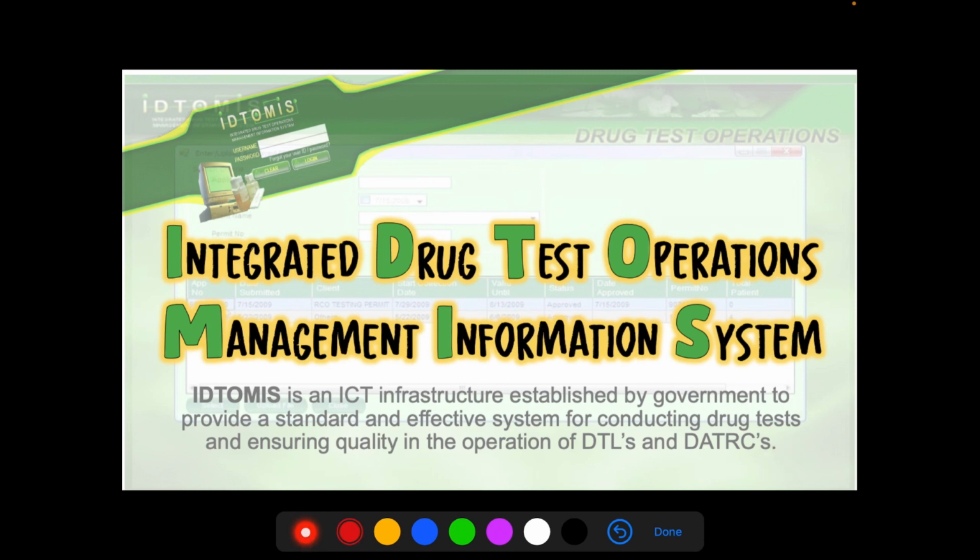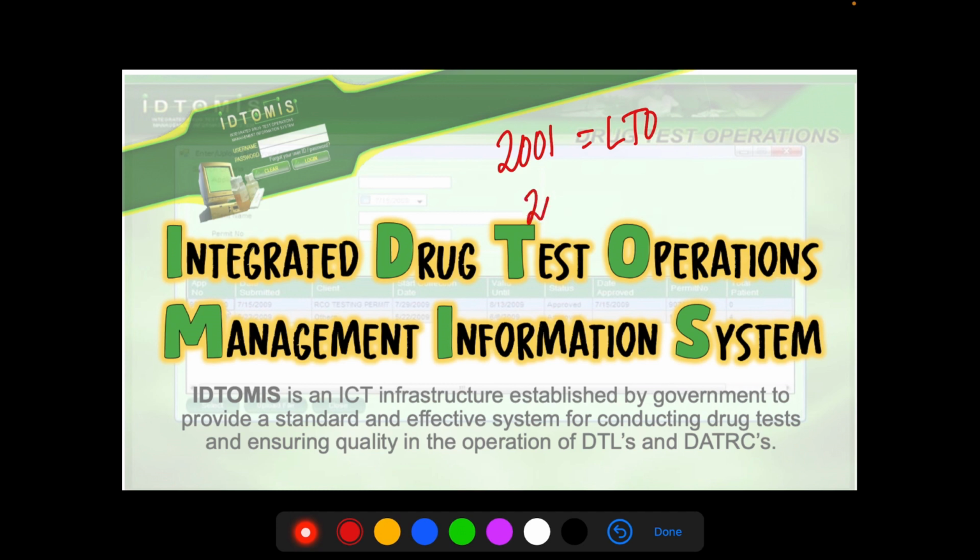So it was in 2001 when the LTO, the Land Transportation Office, issued a memorandum circular that required all accredited drug test laboratories to connect online with the LTO information technology system.